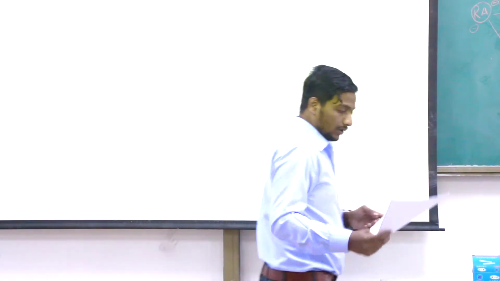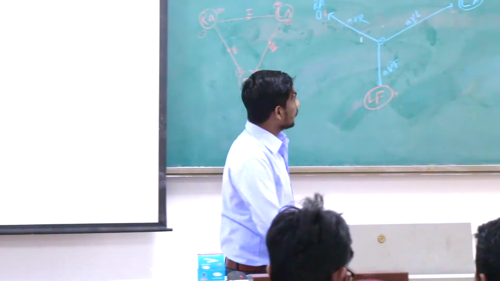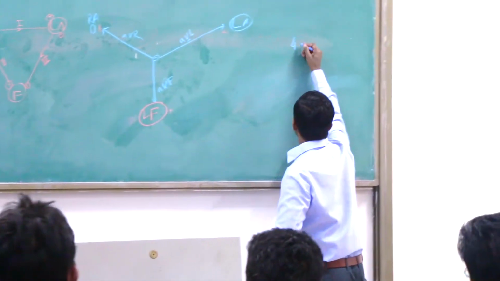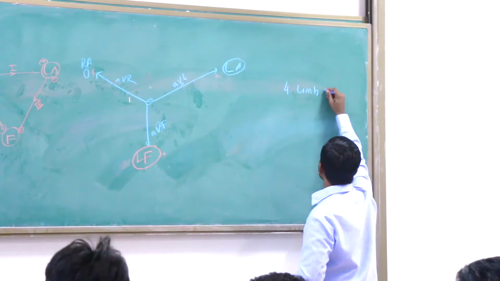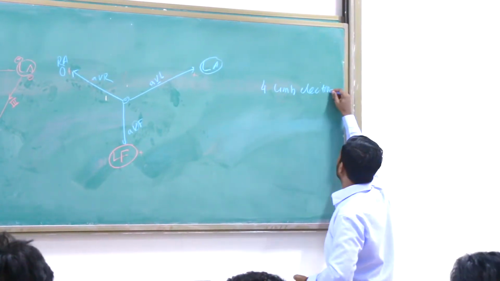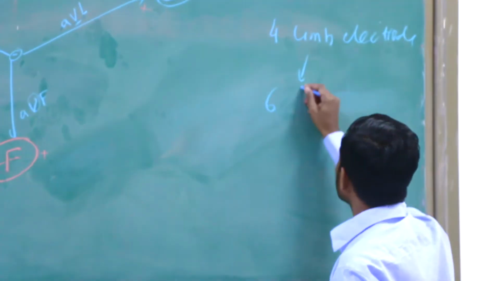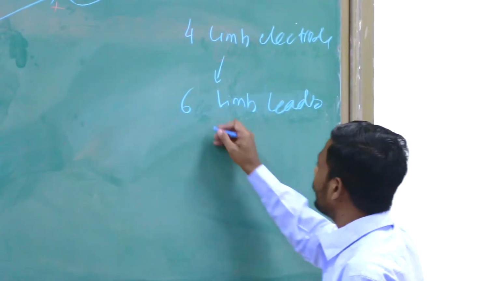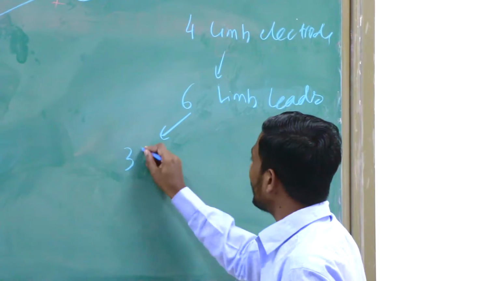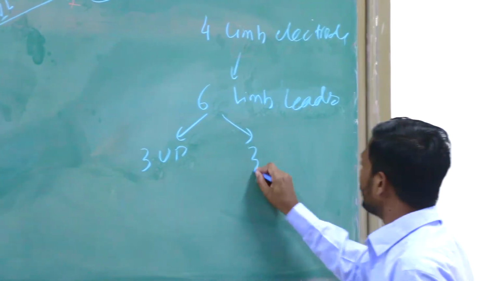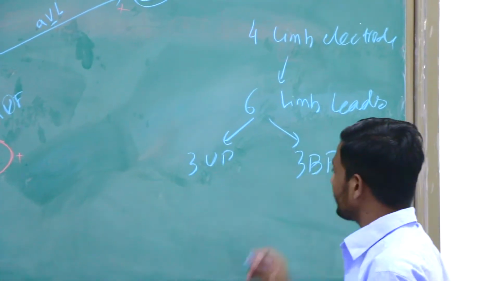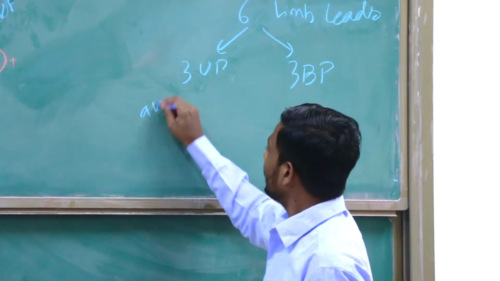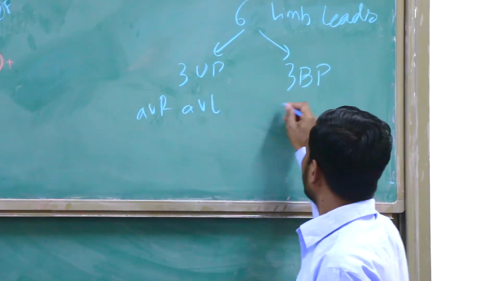Okay. Now, here I can say that we have all together 4 limb electrodes, and these 4 limb electrodes are responsible for giving rise to 6 limb leads. You tell me, out of the 6 limb leads, how many are unipolar? 3 unipolar. And how many are bipolar? 3 bipolar. Give me the names of the unipolars. aVR, aVL, and aVF.